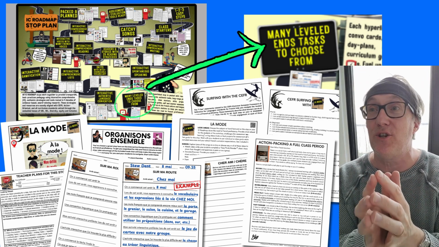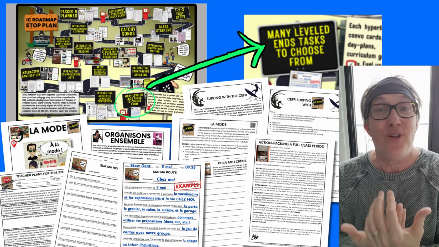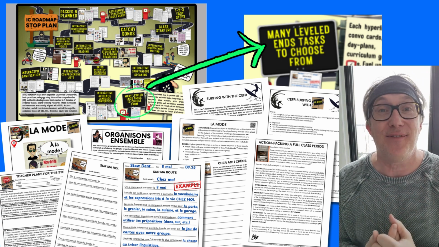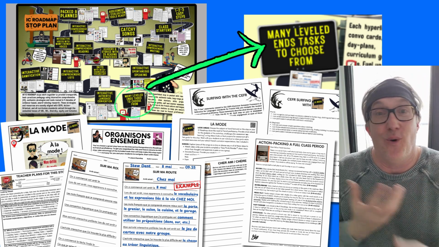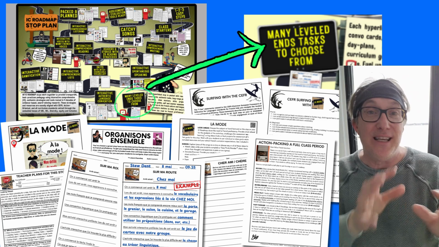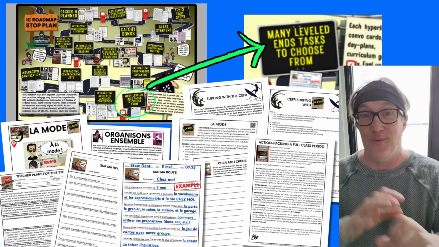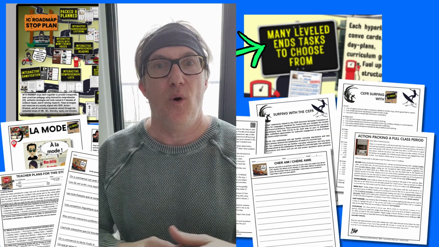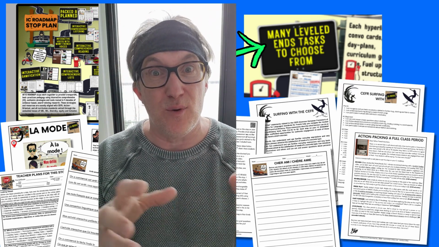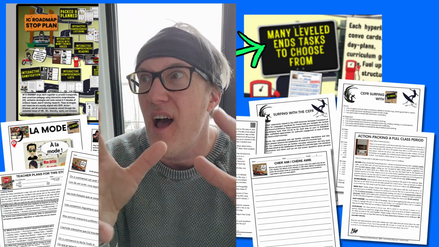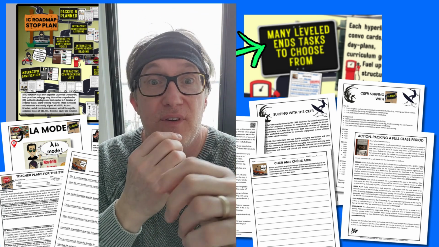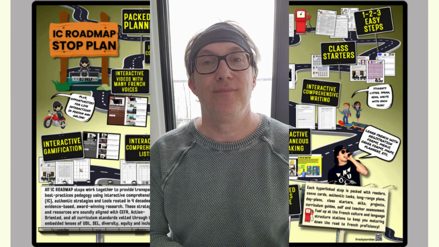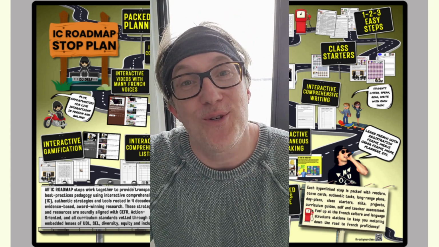You pick what you want to do, and then you can level the learning with the different activities that are there, and allow your students to have these choices of a mild, easygoing kind of journey, or a more medium paced journey, or you can go all hardcore and have them do a doctorate thesis at the end, talking about fashion in French and whatever you feel like. But it's all there for you, all the tools that you need.